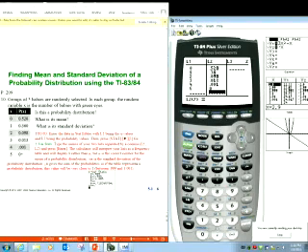Technically, it doesn't matter which list you use as long as you remember the name of which 2 lists you use. Now, does order matter here? Would it matter if I had these numbers in a different order? These are probabilities for specifically this number of babies with green eyes, this number of babies with green eyes.